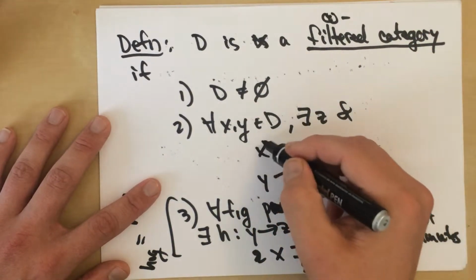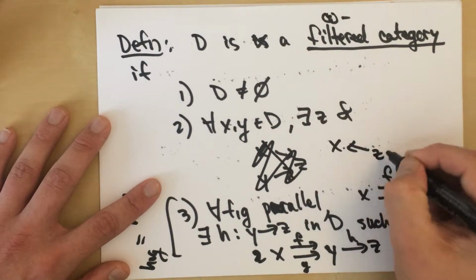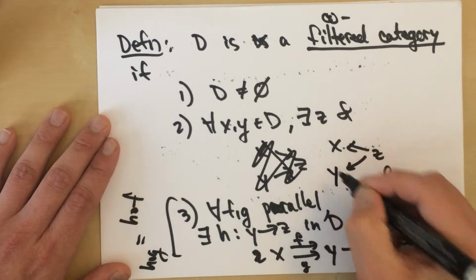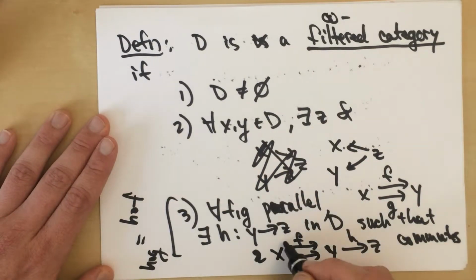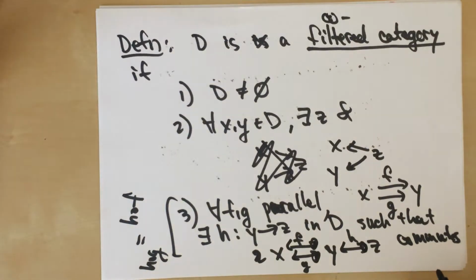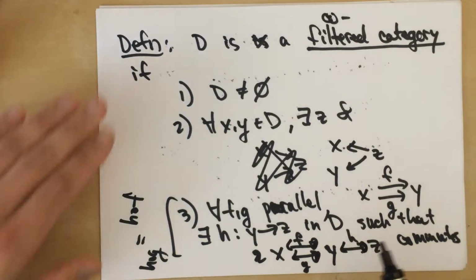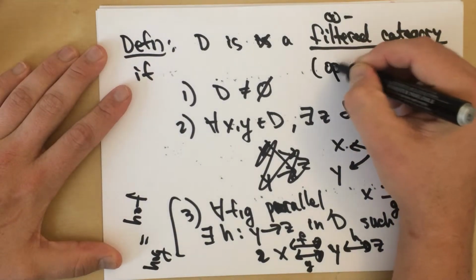So we have it not empty, and then we have the opposite thing, where we flip the arrows. For every situation like this, there exists an object which co-equalizes this thing.